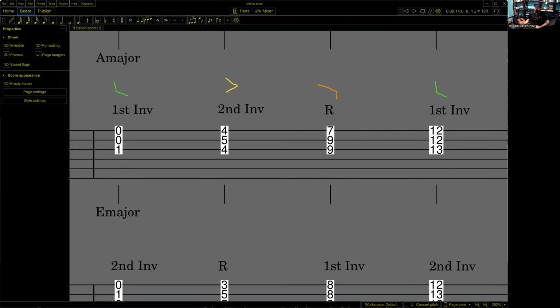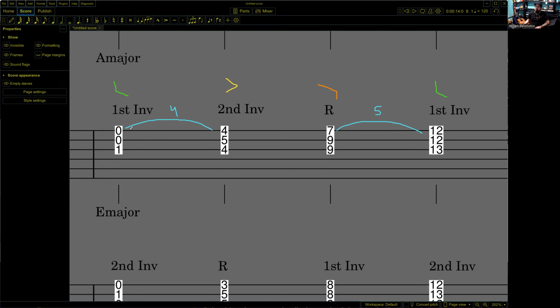But now this one's changed a bit, right? Because now they're no longer in the same order. What we had before was root to first inversion was 5. And then first inversion, we're just going to go over here now. First inversion to second inversion was 4, and you can see that's 0 and 4.